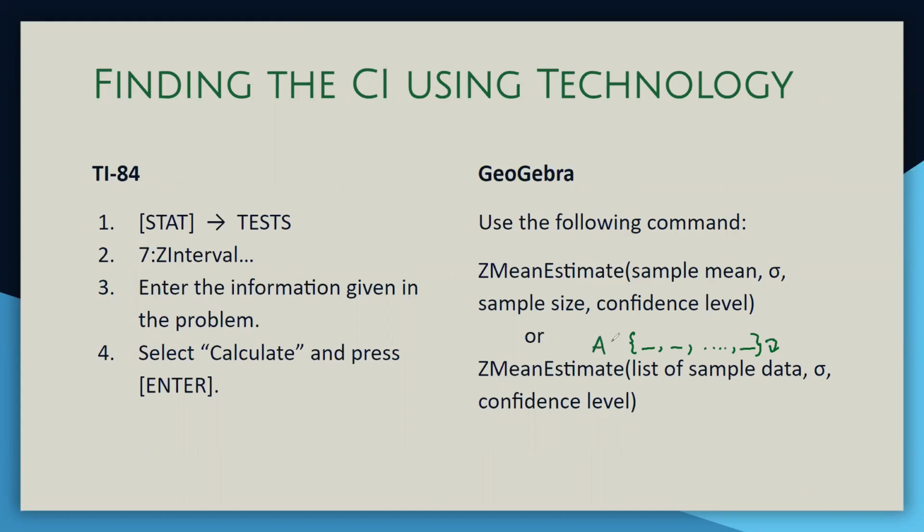You could say A equals on the previous line. And then when you call Z mean estimate, you would just type the list name here, A comma. That's typically what I do, as it leaves the function call less cluttered on the screen. But either method works and you should get the same answer.